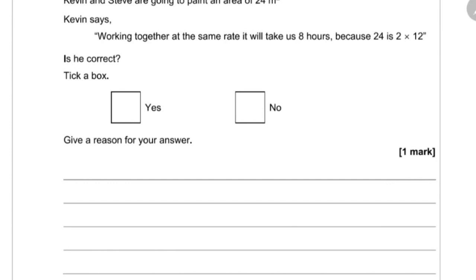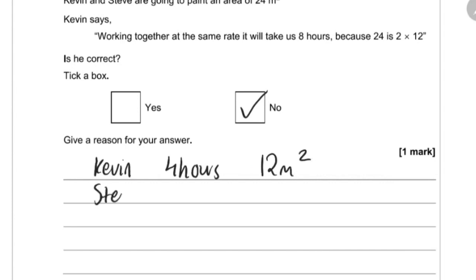So in this situation, Kevin is not correct because even though obviously 24 is 2 times 12, he's now got someone else to help him. So if Kevin spends 4 hours to paint 12 meters squared, assuming Steve works at the same rate as Kevin, then he can also spend 4 hours doing 12 meters squared.